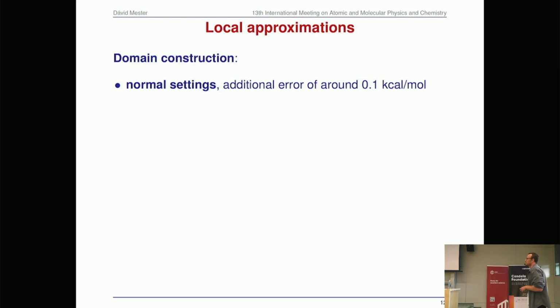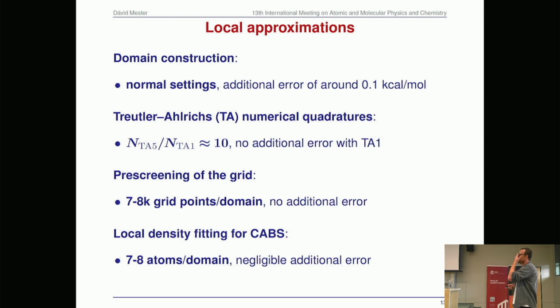For benchmark calculations, we found that using normal cutoff parameters or domain construction parameters, the additional error is around 0.1 kilocalorie per mole, which is very low, and further developments were also carried out.